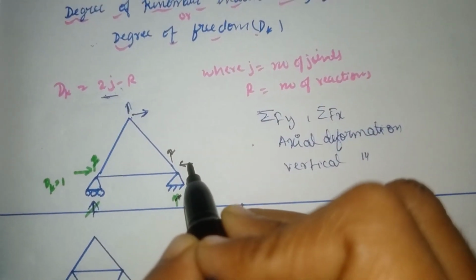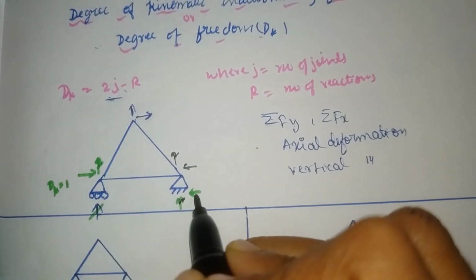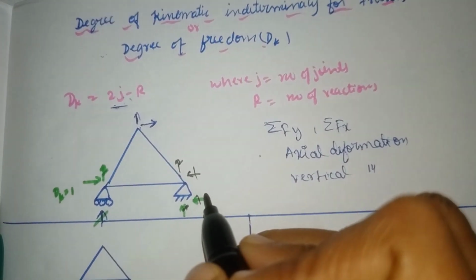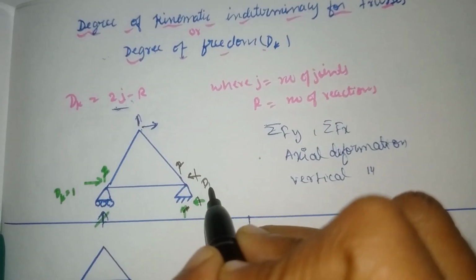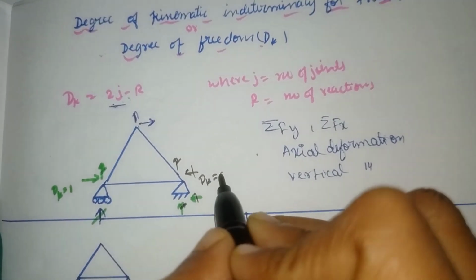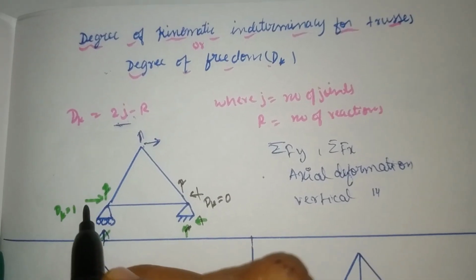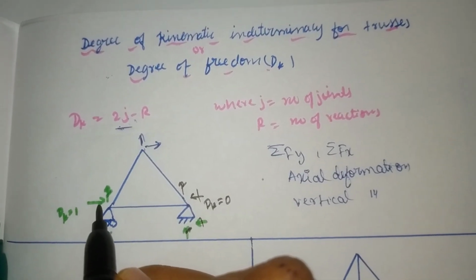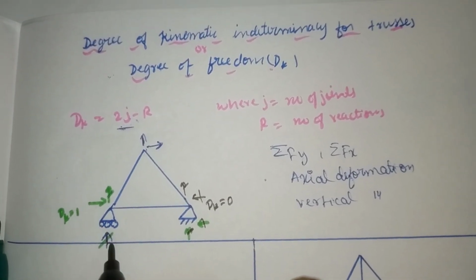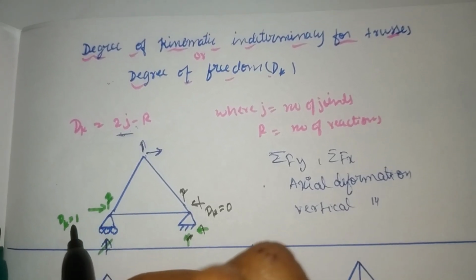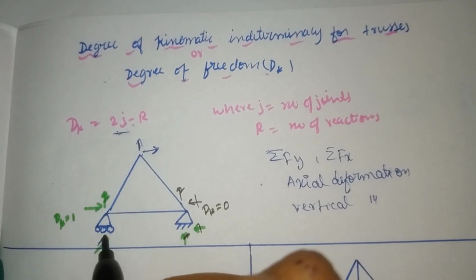The horizontal deformation and the horizontal reaction are also there, and both will get cancelled with each other. So the degree of freedom at the hinge support is 0. At the roller it is 1, because the horizontal deformation will exist. In the case of a roller, there is no horizontal reaction. So dk at the roller support is 1.